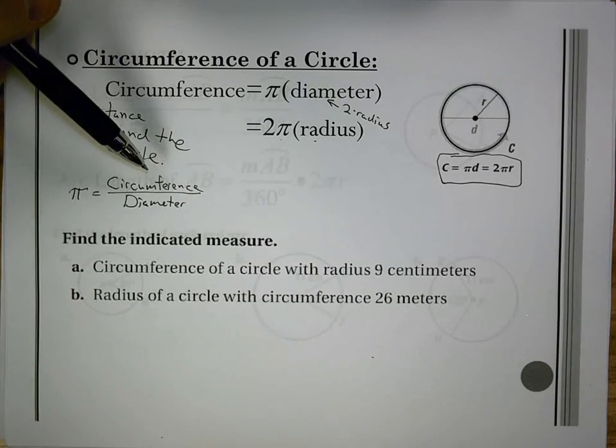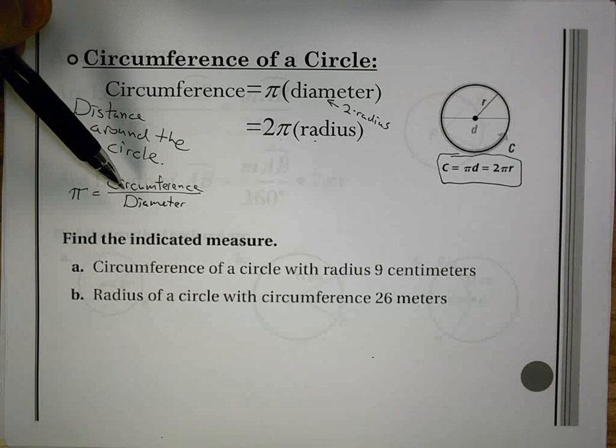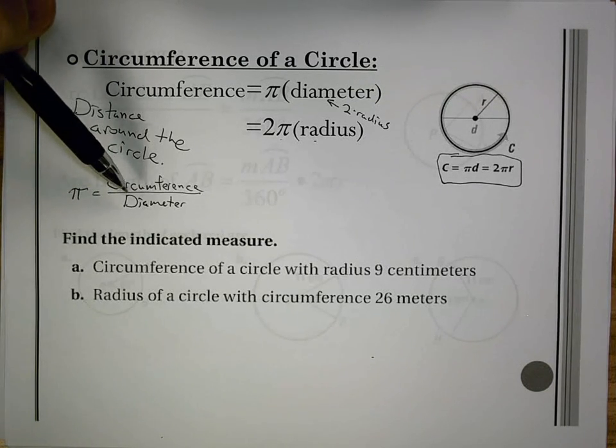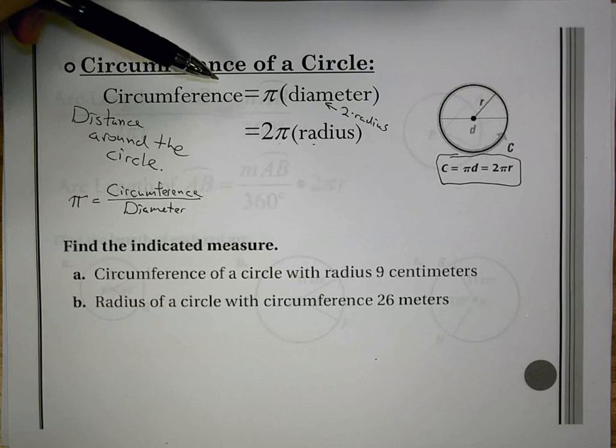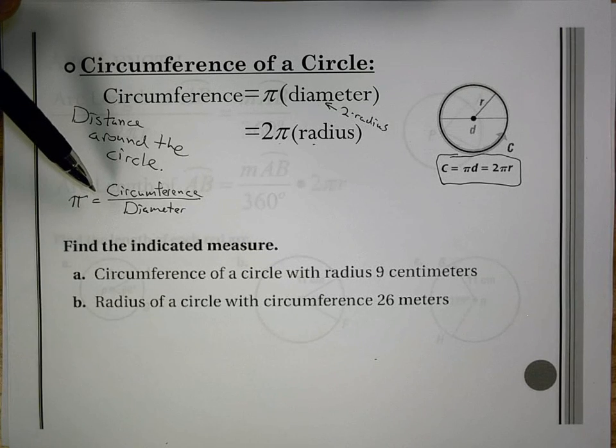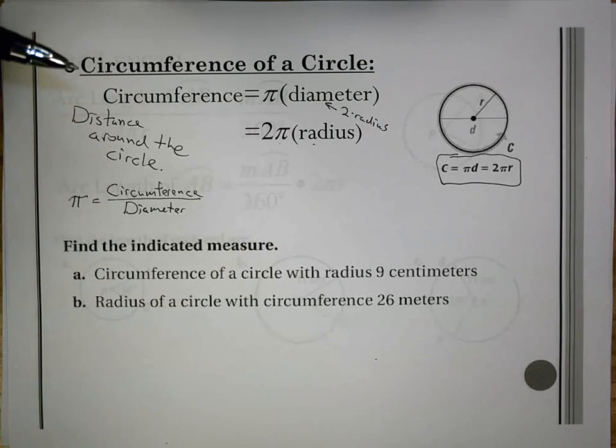Now we say it's about 3.14. That tells us that the circumference is about 3.14 times bigger than the diameter. That relationship helps us get to how to find circumference, but that is actually where we get pi from. So if someone asks you what pi is, you're going to say it's circumference over diameter as opposed to 3.14.